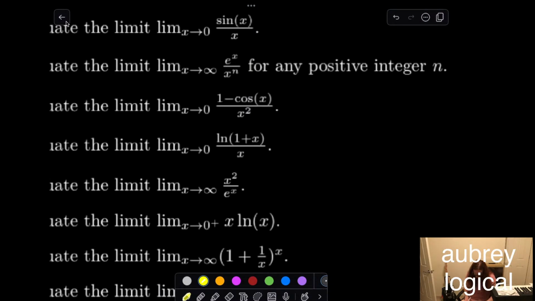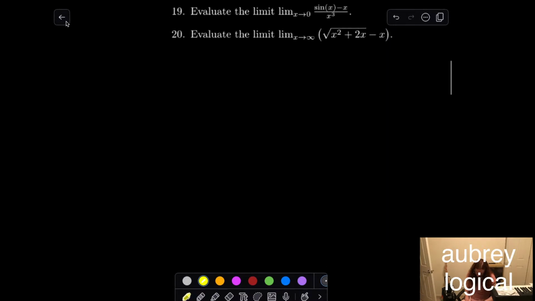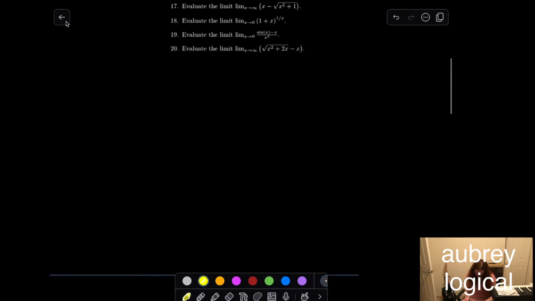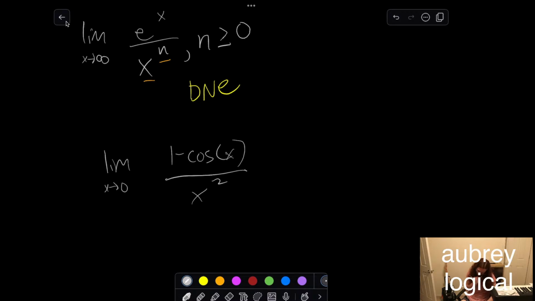The limit of 1 minus cosine of x over x squared. Okay, so we're already in our form, so we can just go ahead and do L'Hopital.